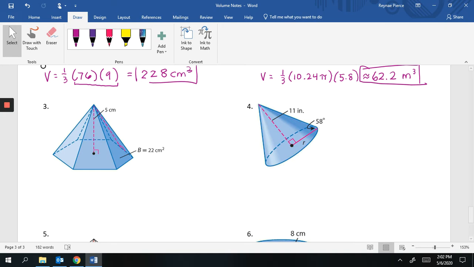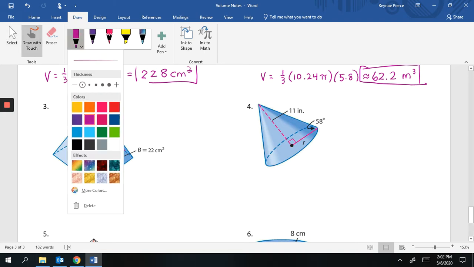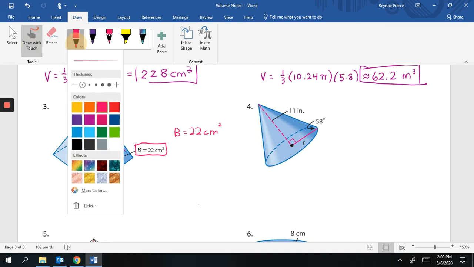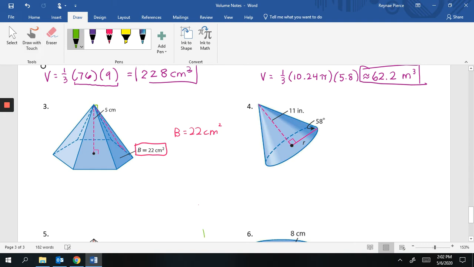All right. Example 3, we have a hexagonal pyramid. And the nice thing about this pyramid is it gives us the area of the base, so we don't have to do our 1/2 a s n. The height from vertex perpendicular to our base is 5.